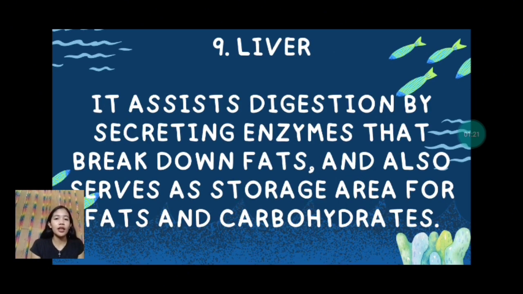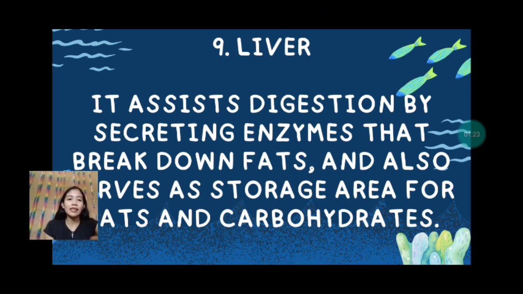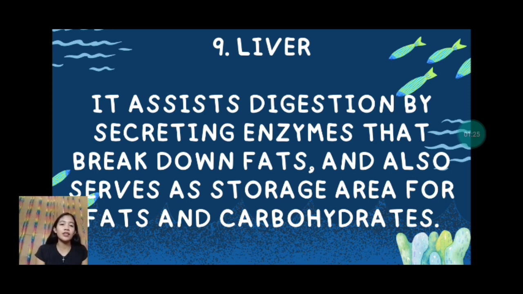Next, the liver. The liver assists digestion by secreting enzymes that break down fats and serves as a storage area for fats and carbohydrates. The liver of fish serves multiple functions, including the production and secretion of bile, which aids in digestion and absorption of fats.